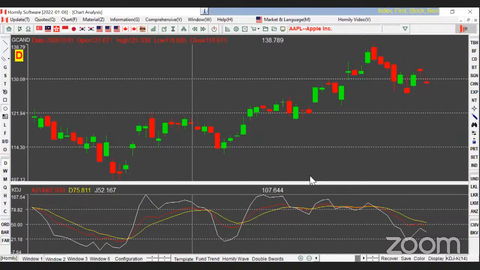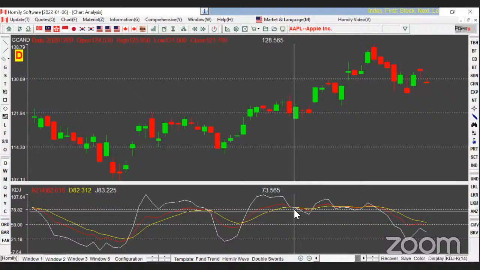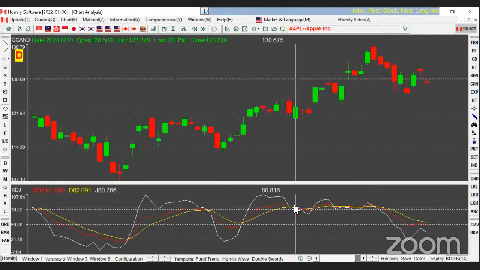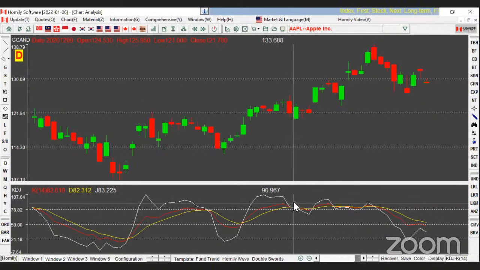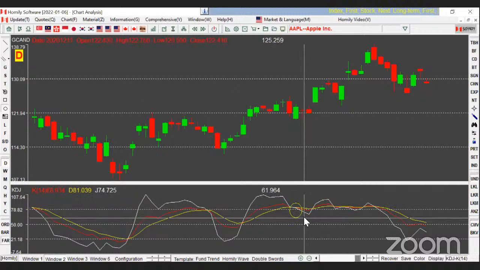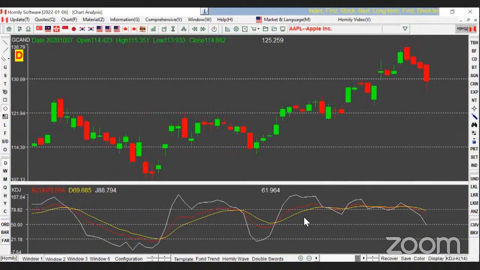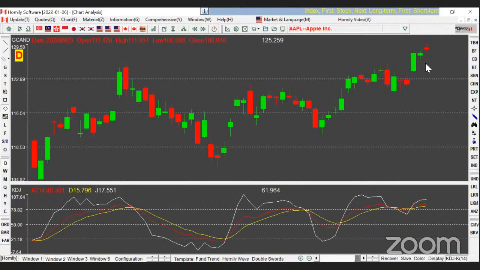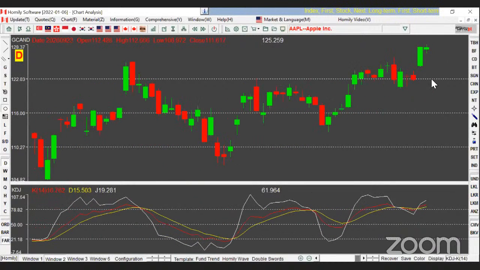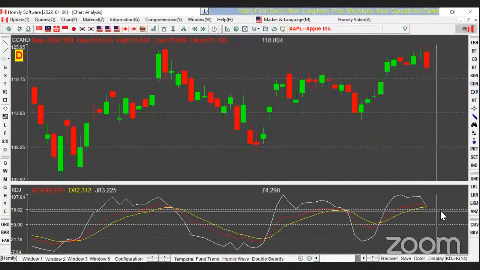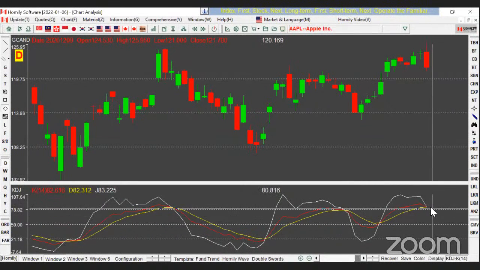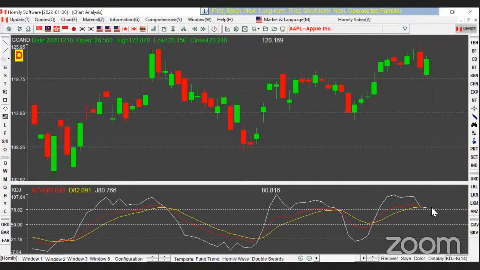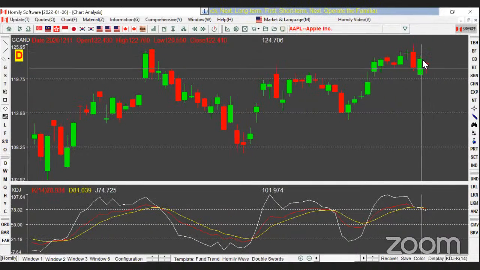Okay, so now you change it to 14, but you still see the dead cross here. Only this time, it's later than 9 days. It's just now it happened here, right? The dead cross happened on this bearish candle. If you change the value to 14, it didn't dead cross here, but it's still dead cross here, right?